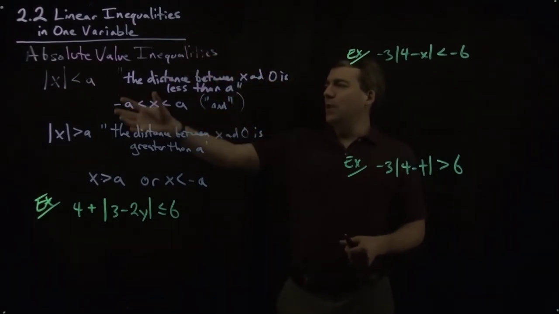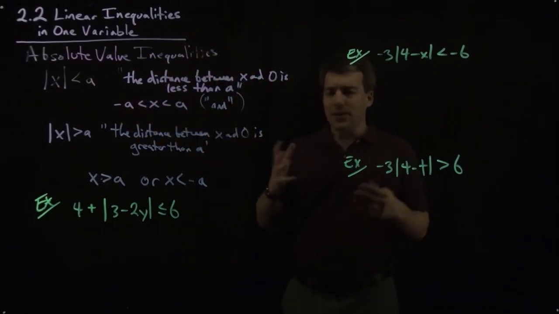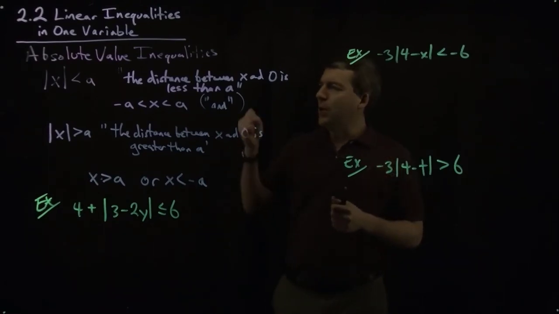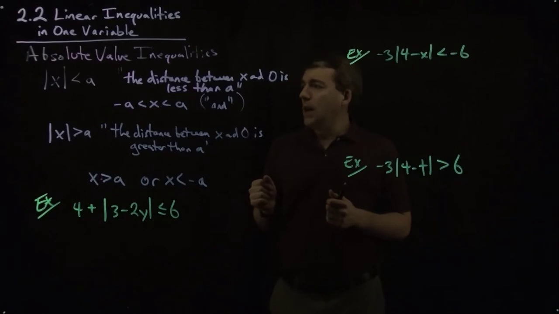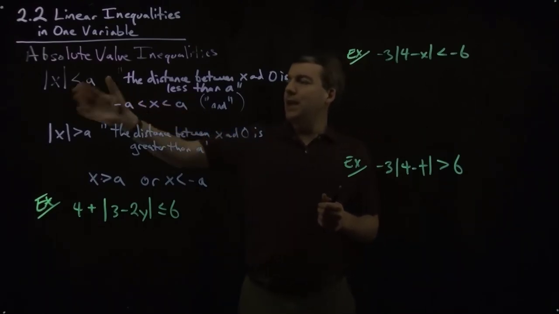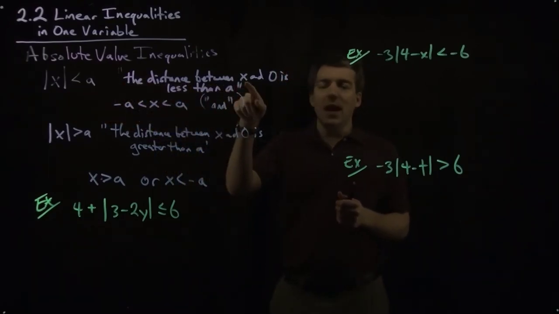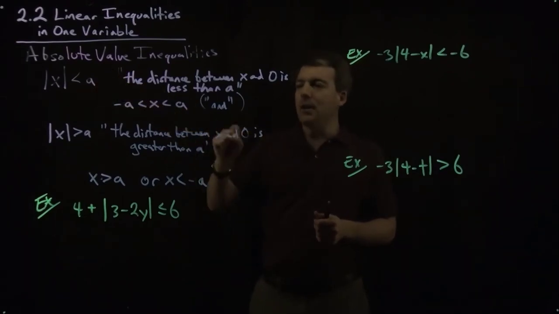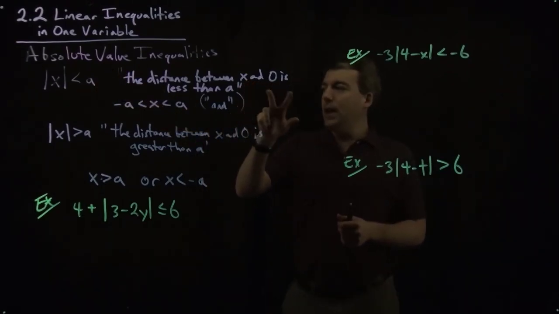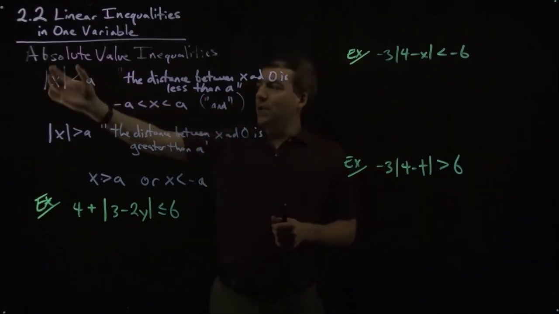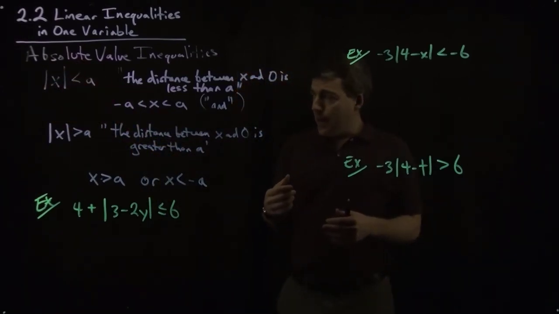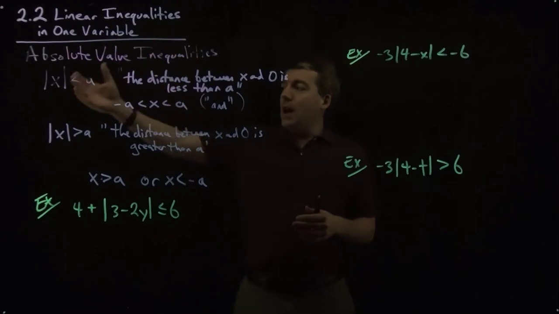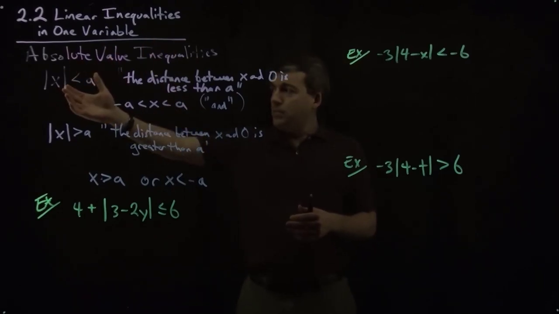Well, there are two ways that the inequality could end up. There could be an absolute value less than some number. In this case, what we would be saying is that the distance between whatever's in the absolute value, I've just written an x here, and 0 is less than a. That's what this is saying. So remember, the absolute value of x represented the distance between that value and 0.